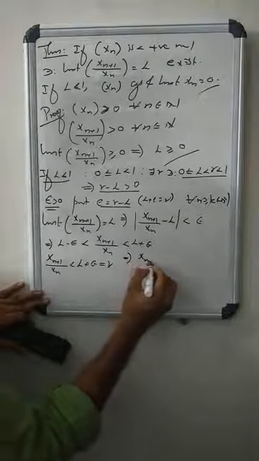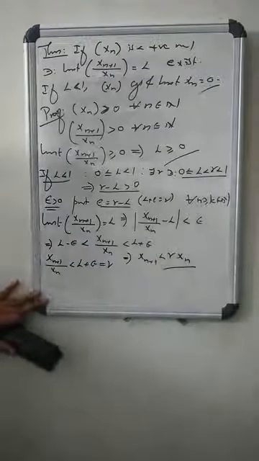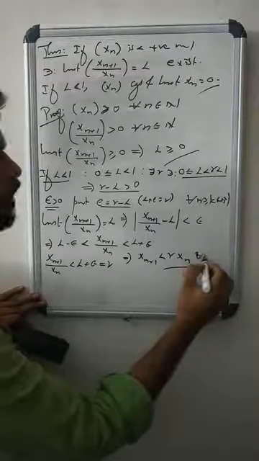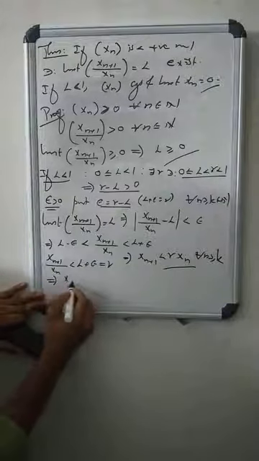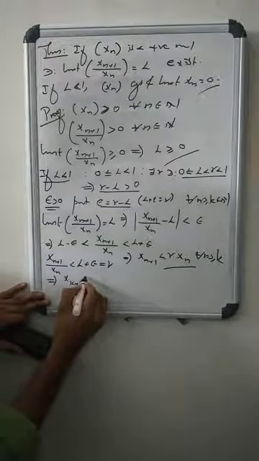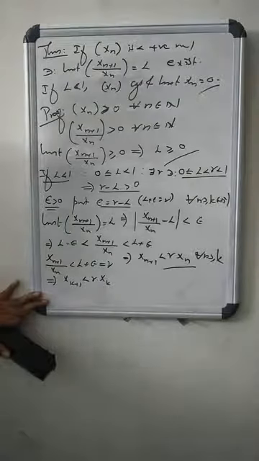That means x_{n+1} is strictly less than R times xn. This is true for every n greater than or equal to k. So x_{k+1} is strictly less than R times xk. Agreed?